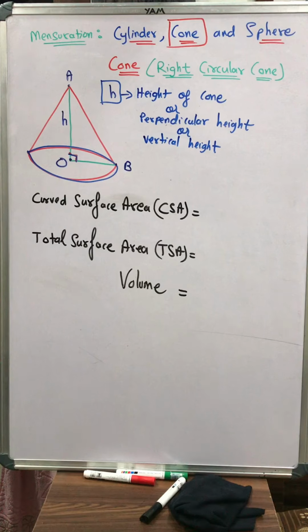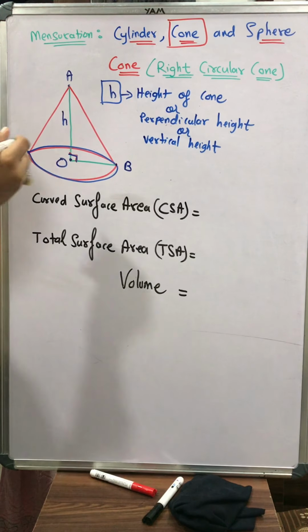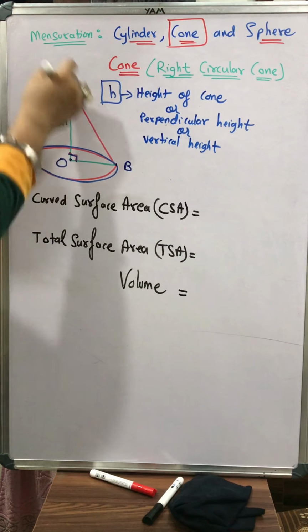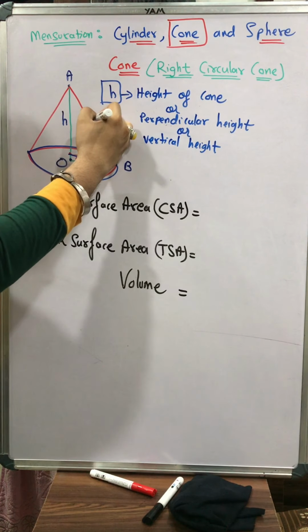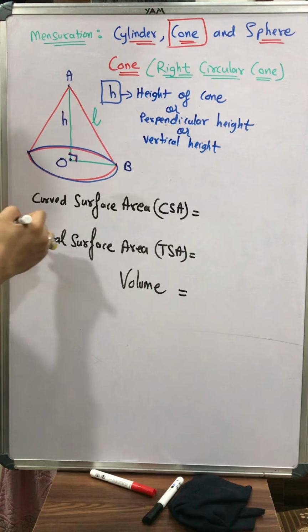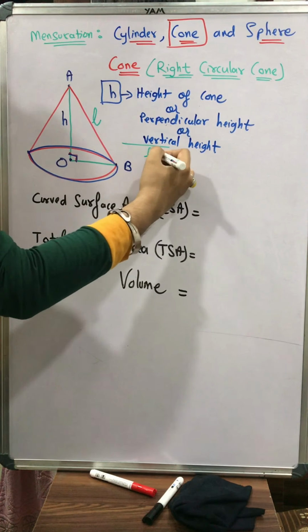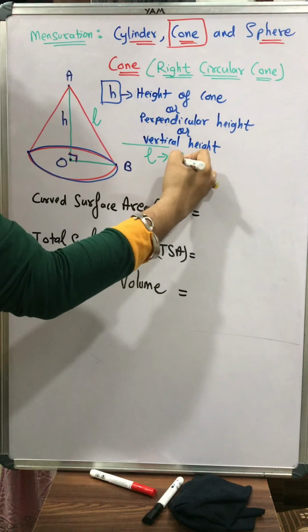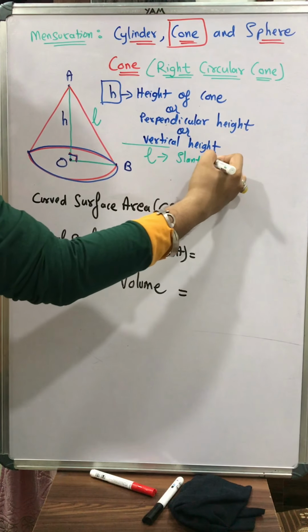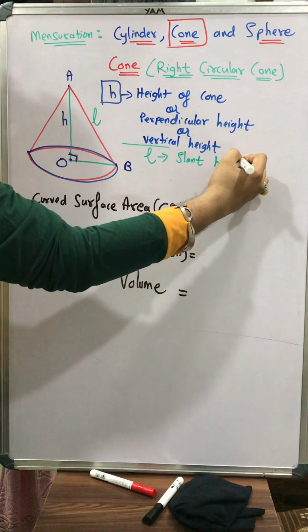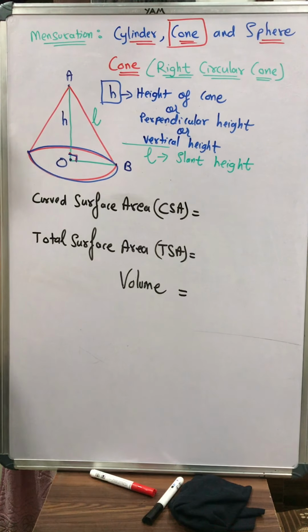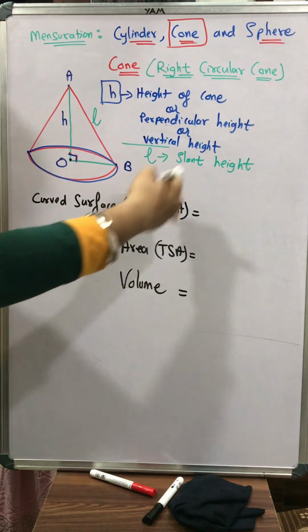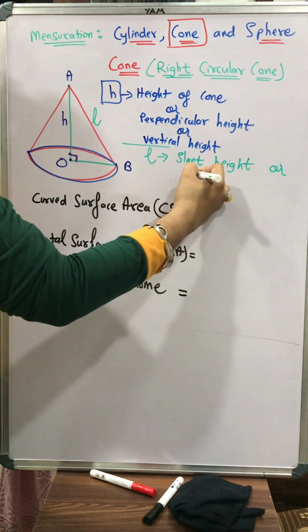Okay students, now pay attention. Now I want you all to see this. This AB is denoted by a small l. What is this small l? Small l is called slant height, or it is also called lateral height.